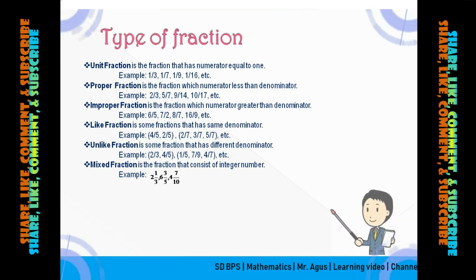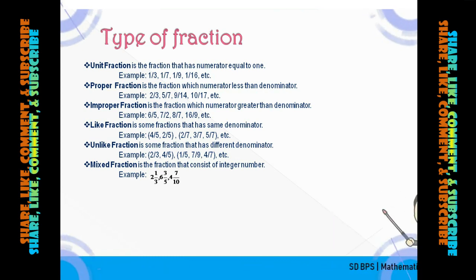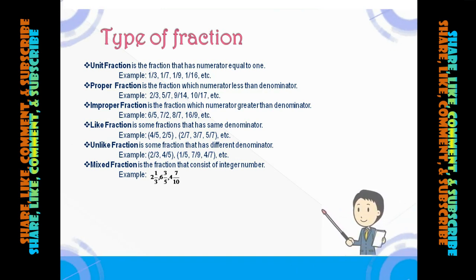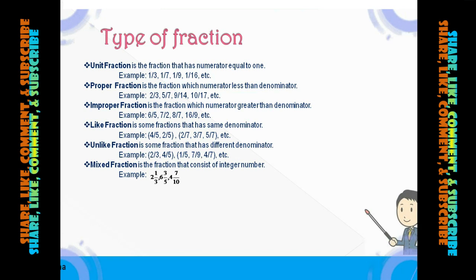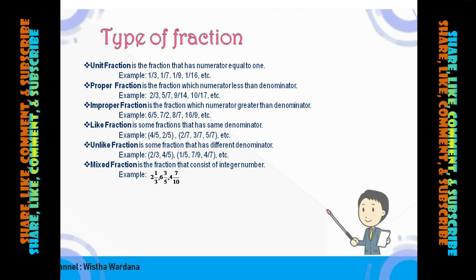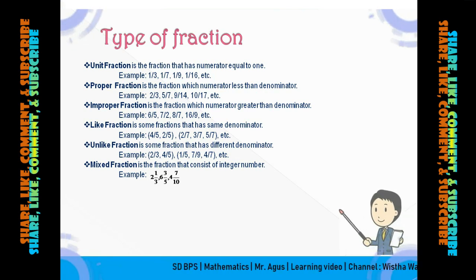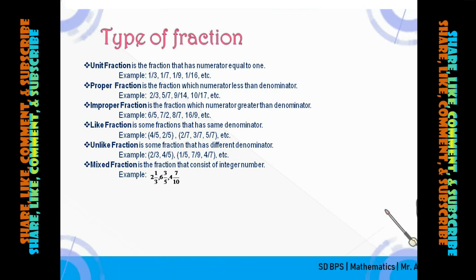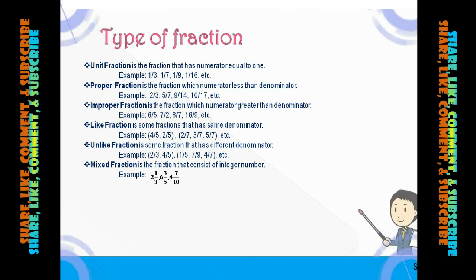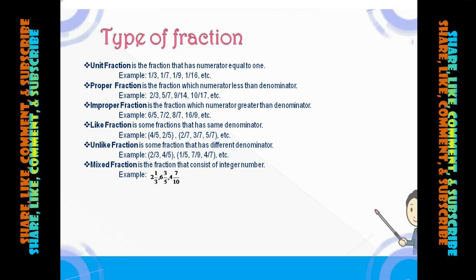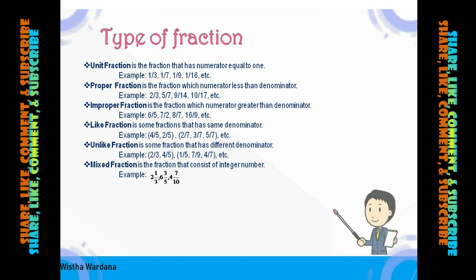Improper fraction is a fraction whose numerator is greater than its denominator. So we can say improper fraction is the opposite of proper fraction. For example, 6 per 5, 7 per 2, 8 per 7, 16 per 9, and so on.